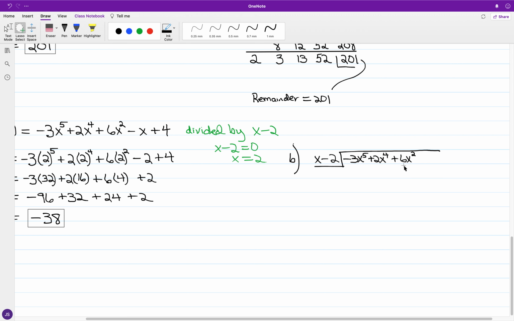And notice once again I had bypassed a cubic term. Okay, so I have plus 0x cubed, and we have minus x plus 4.